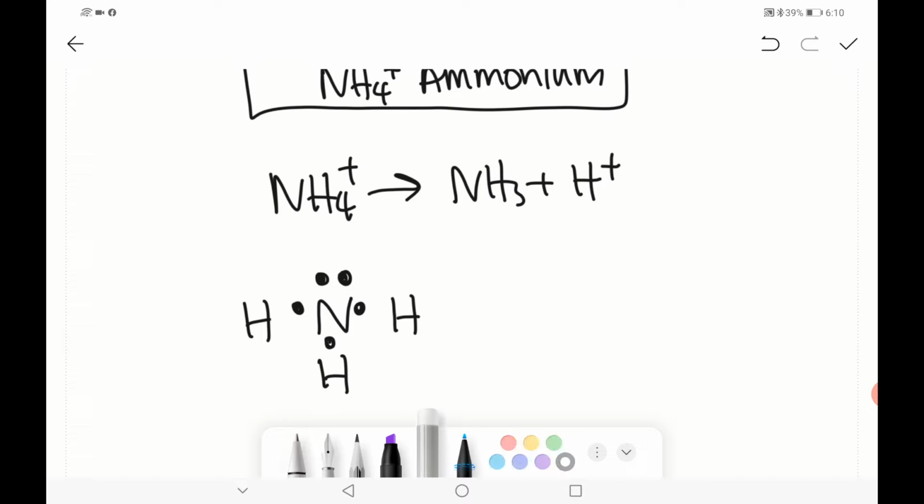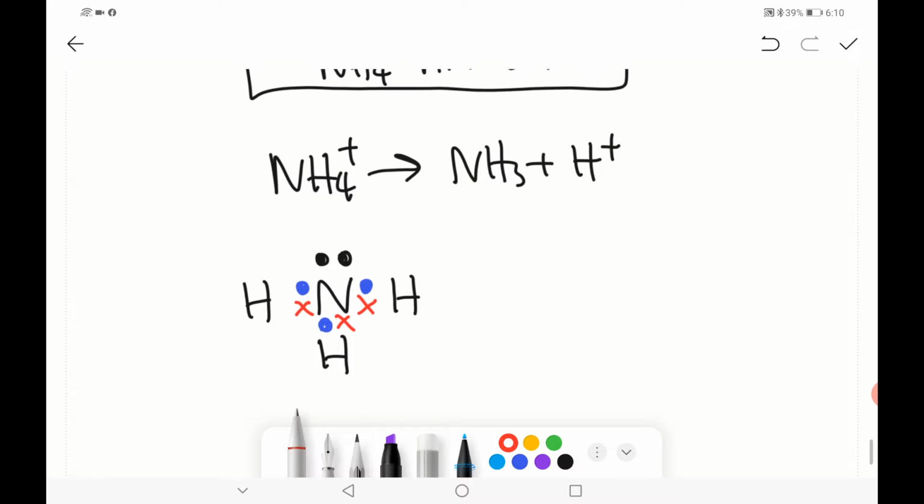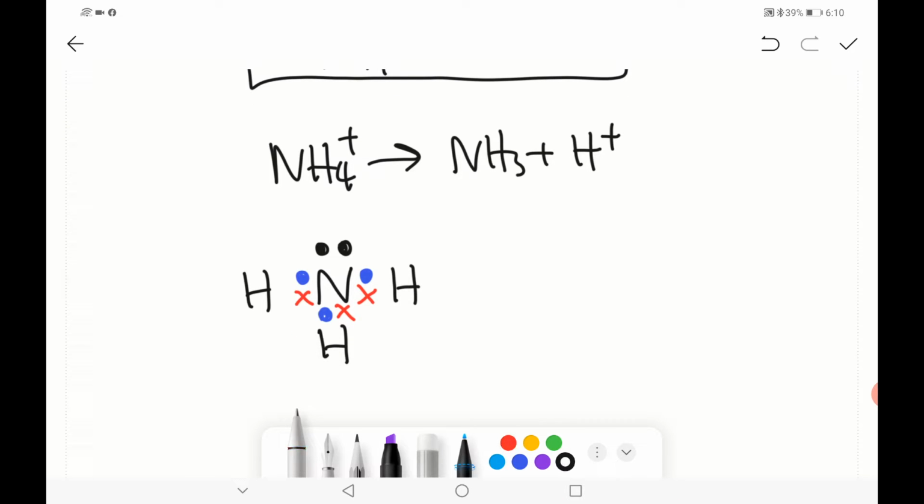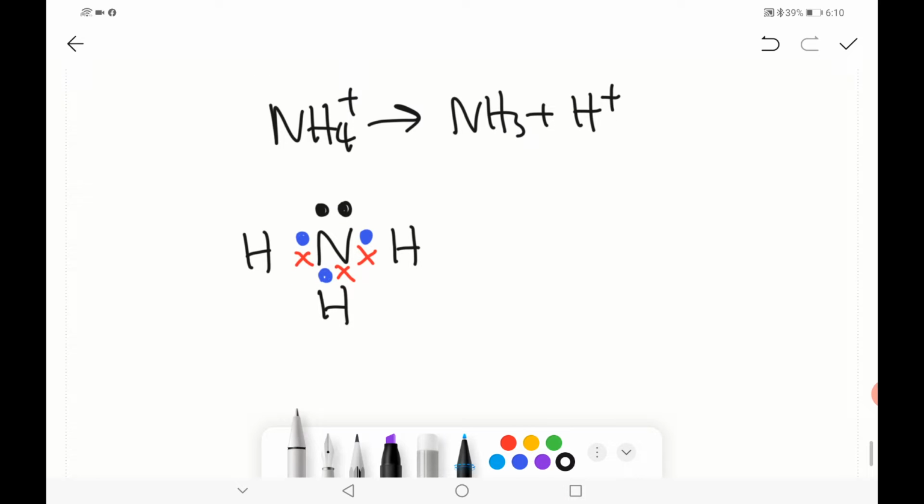Nitrogen shares 1 electron with each hydrogen, and when nitrogen shares 1, hydrogen also shares 1. So this is a normal covalent bond for NH3, ammonia. Makes sense. So at the end of the day, nitrogen has 2, 4, 6, 8.